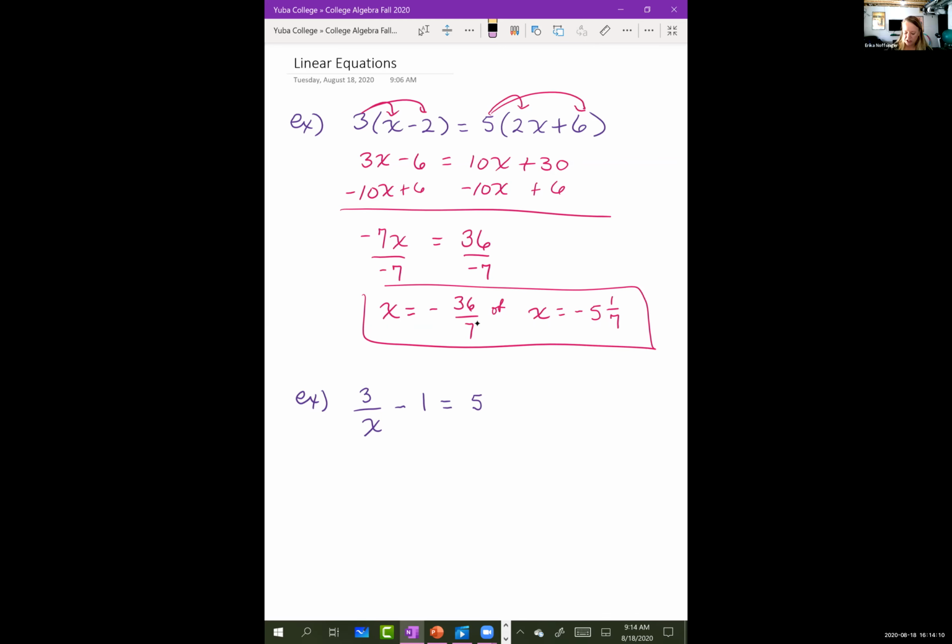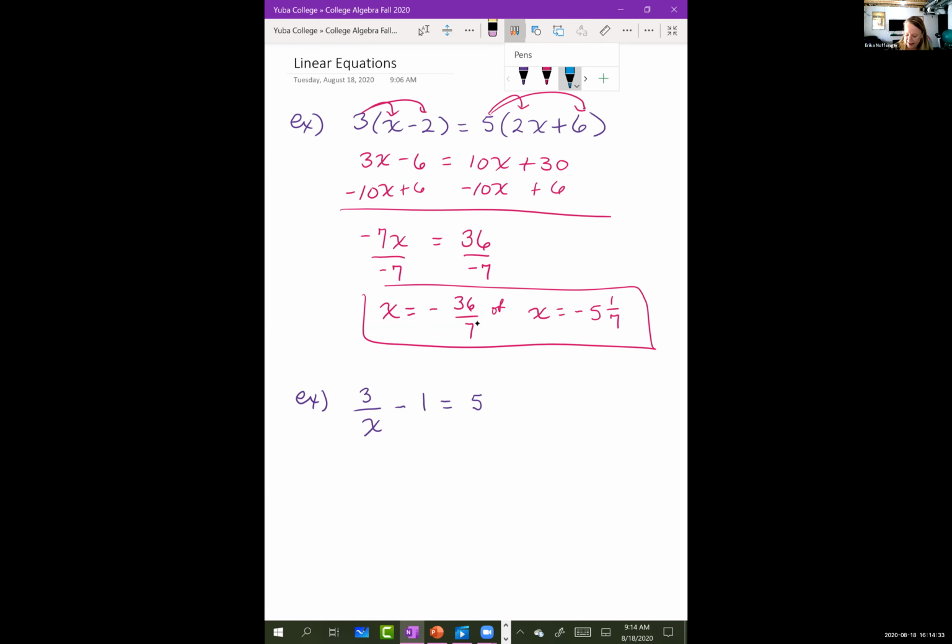Starting with this, I actually have a variable in my denominator. If you have a variable in your denominator, it's sometimes useful to see what that variable cannot be. For instance, if I plug in 0 for x here, this makes the expression undefined. You can't have 0 in the denominator; you can't divide by 0.